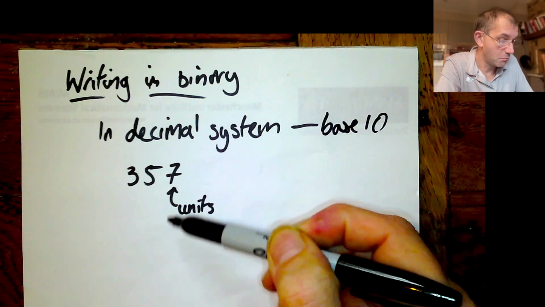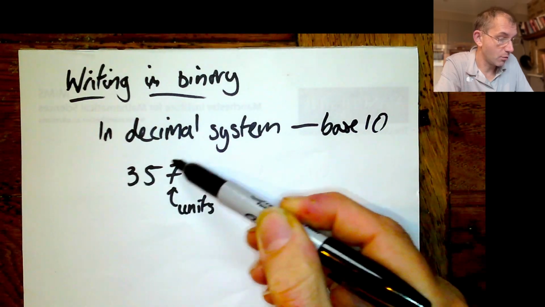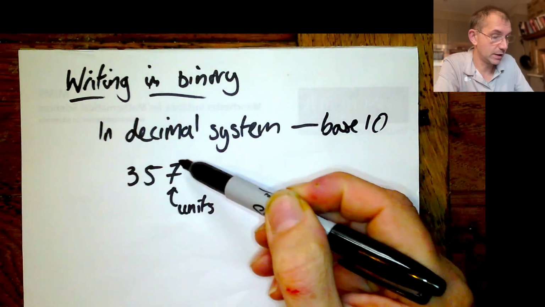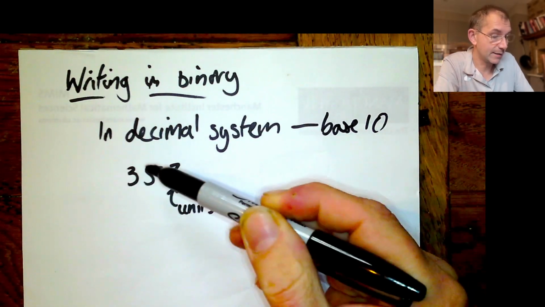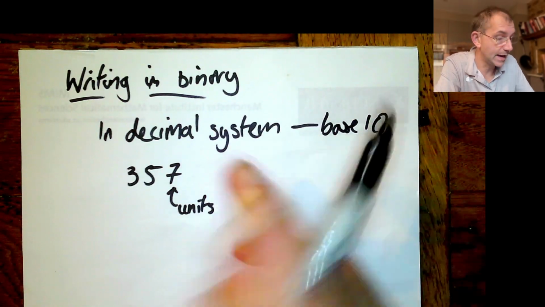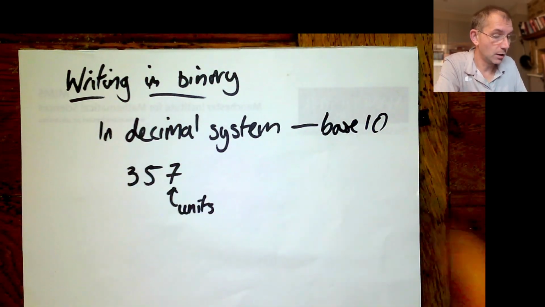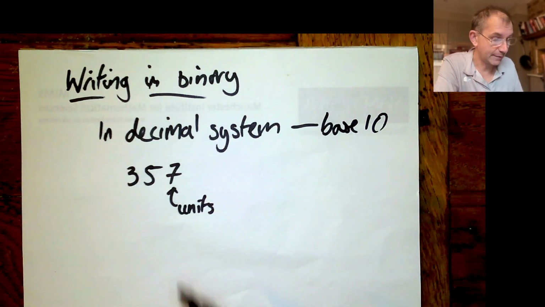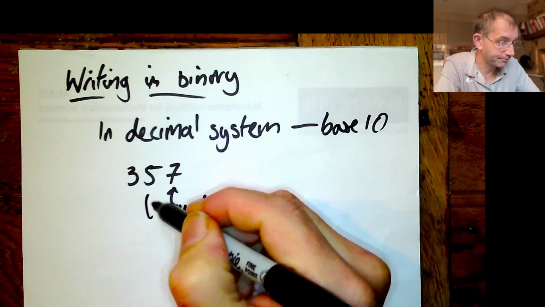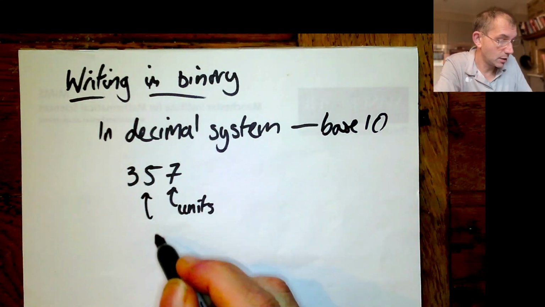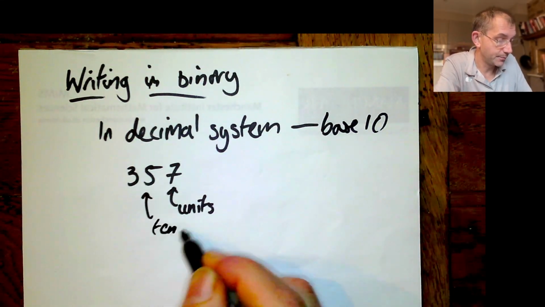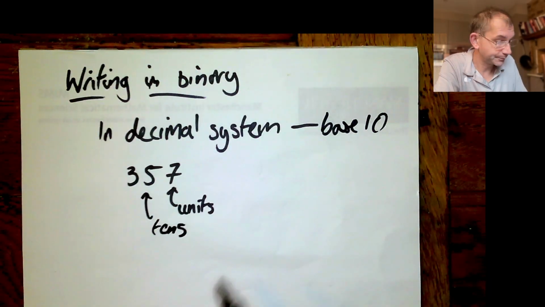It's just a way of telling you what you would be left with if you forgot every multiple of 10. And these are the tens, this second one along.